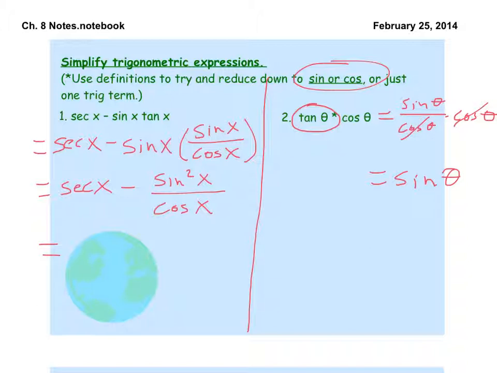Now the directions give us a hint that we could simplify this all the way down to either sine or cosine. That tells me that it's not going to do me a lot of good to leave secant of x in here. So that can be replaced with 1 over cosine. And this expression on the right, I will just carry down.